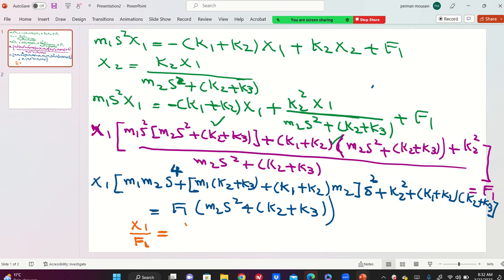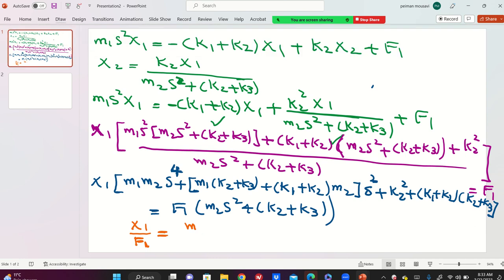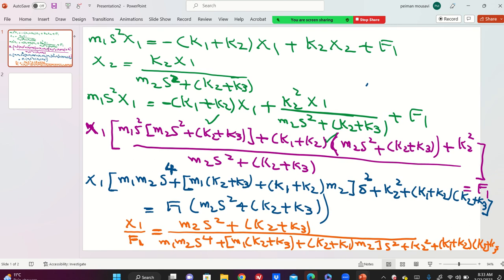Gonna be m2 s square plus k2 plus k3 divided by m1 m2 s4 plus m1 k2 plus k3 plus k2 plus k1 m2 s square plus k2 square plus k1 plus k2 plus k3. Bingo.